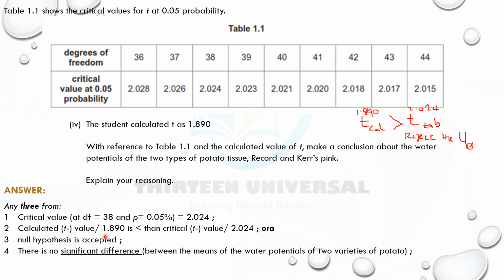If it is greater, then you reject it. But once it's less, you accept the null hypothesis. And what does it state? There is no significant difference between the means of the water potentials of the two varieties of potato. 3 marks.